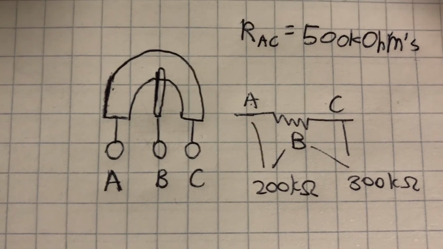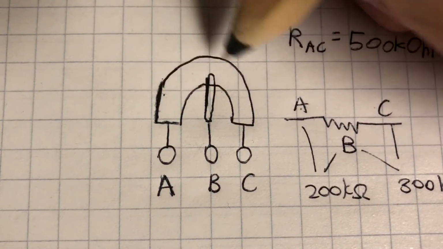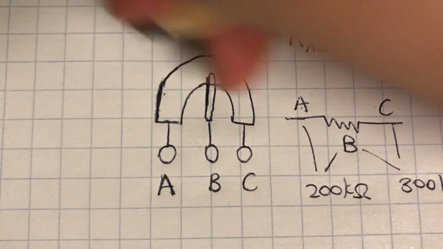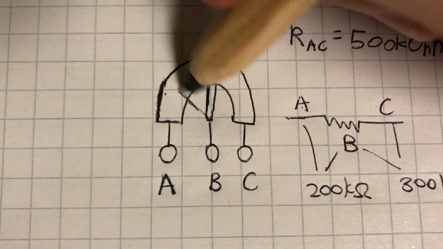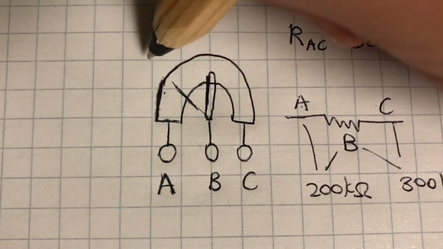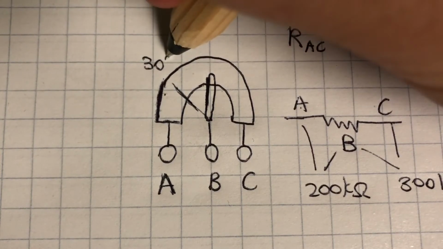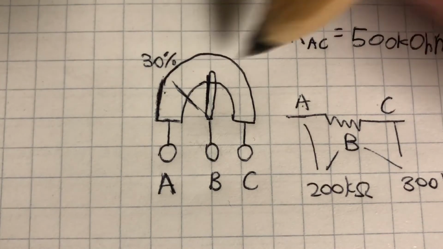And so if we take the point of view of the potentiometer itself, the same idea applies. So let's say we turn the knob about here, and let's say this is 30% of the total resistance.